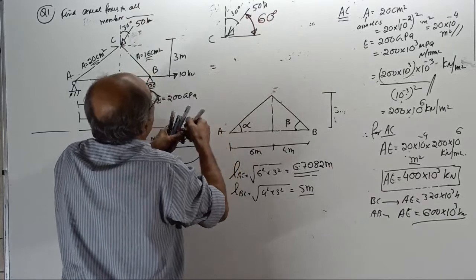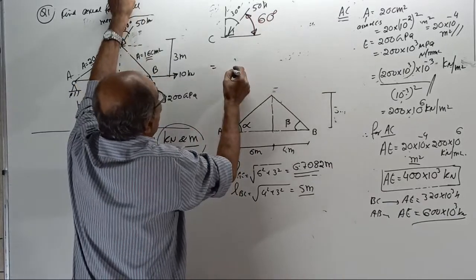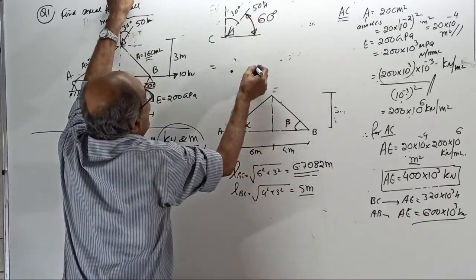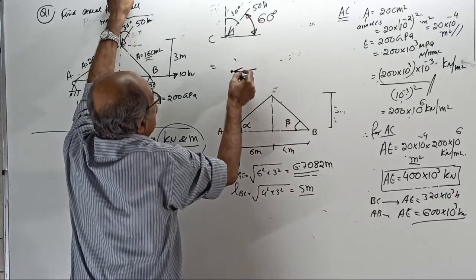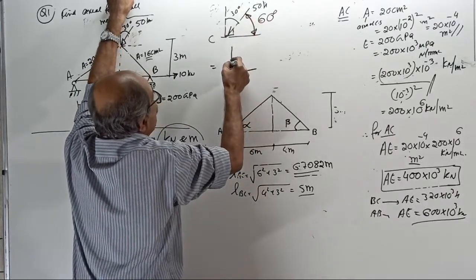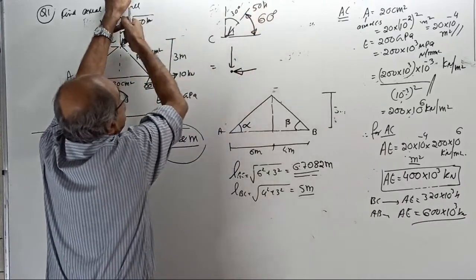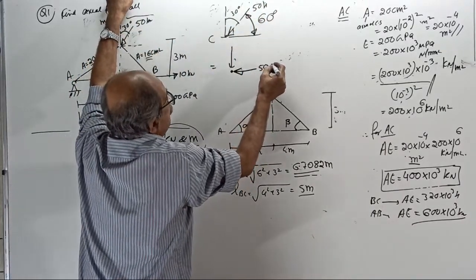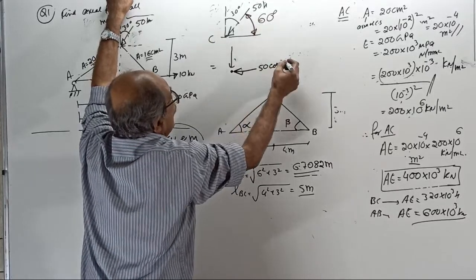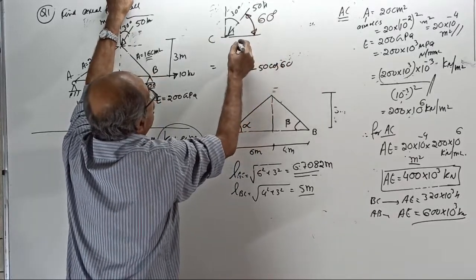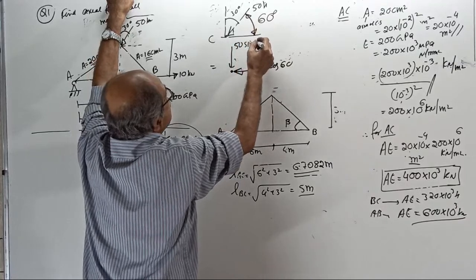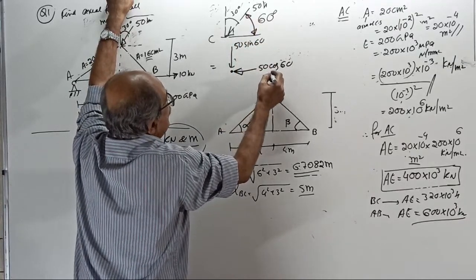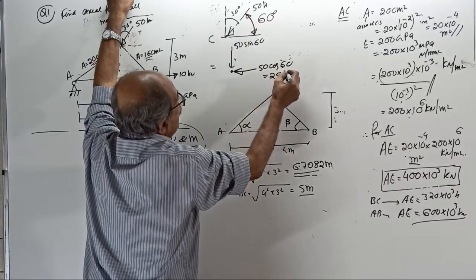If I resolve, this will have a horizontally left component and a vertically down component. The horizontal component is 50 into cos of the angle with horizontal. 50 cos 60 is undoubtedly 25 kilonewton.